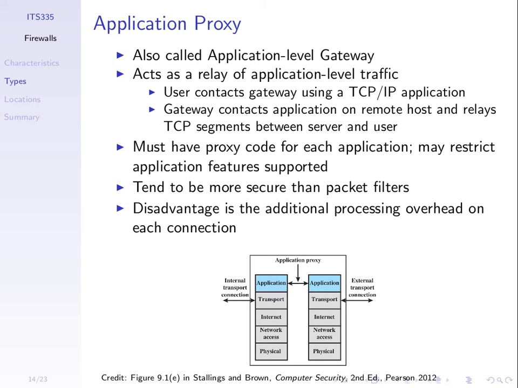So it can look at the application level information. And if it allows it, then essentially creates a request to the real server on the behalf of the internal client. And the response comes back. So we can do more inspection of the content using a proxy. But there's more overhead of processing. We need some software to do that, and it takes time.